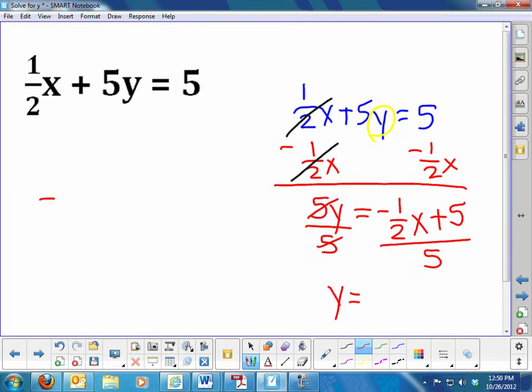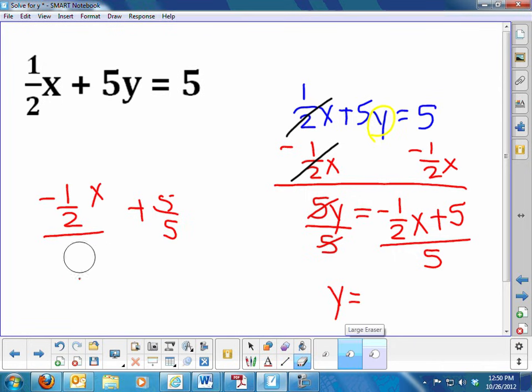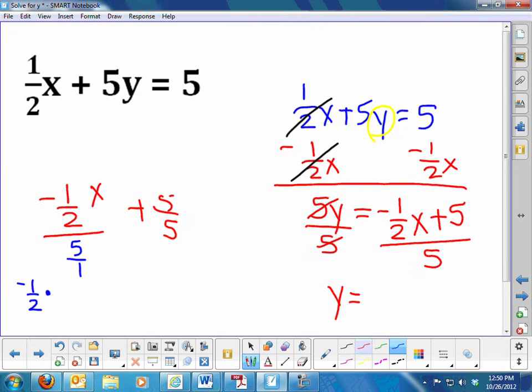If I rewrite those separately, I have negative 1/2 x divided by 5, and then I have plus 5 over 5. Okay, negative 1/2 x divided by 5. Remember, I can write this 5 as 5 over 1 if I wanted to. So I have negative 1/2 x divided by 5 over 1. That is the same thing as negative 1/2 times the reciprocal, which is 1/5.